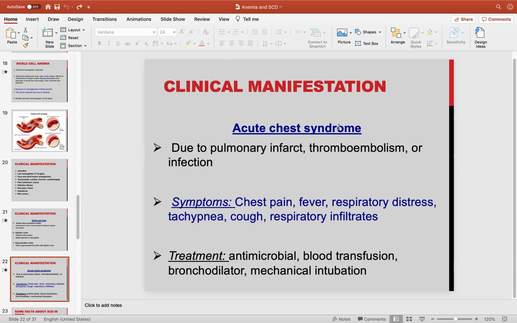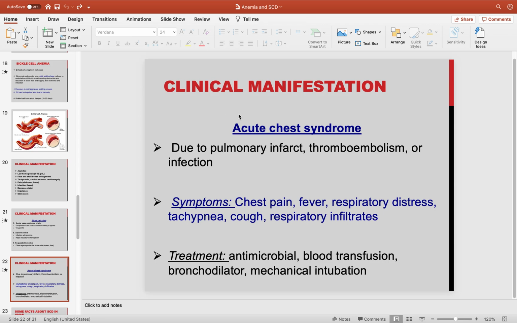When the patient develops acute chest syndrome, it's very important. One of the very important things you have to understand is that a patient with sickle cell disease can develop acute chest syndrome, which is why sickle cell disease is a critical condition.